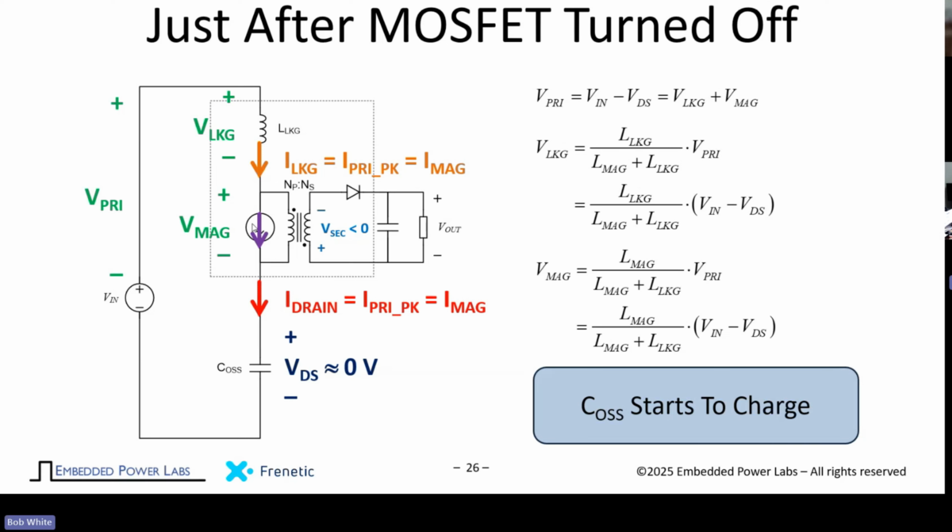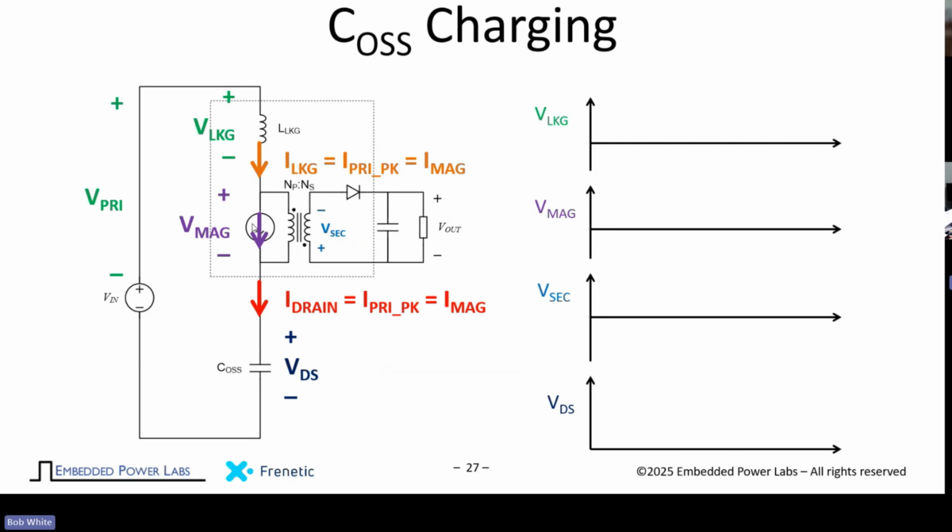So what happens? Well, the drain voltage, we're charging that up as before. The current driving into that output capacitance is going to drive up the drain to source voltage. That means that the voltage across here, as we saw before, will go to zero and go negative.